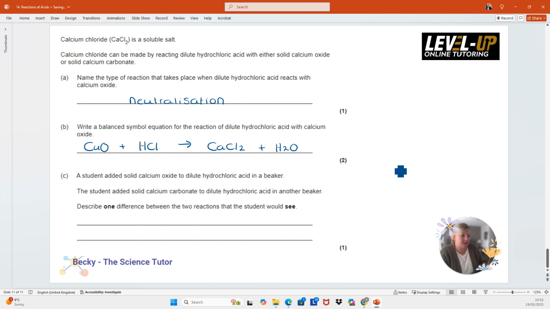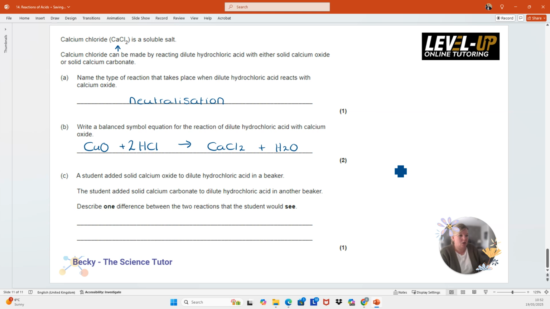Now we can see we're given the formula of the calcium chloride up there, so I've taken it down here. We've got 2 chlorines, therefore we're going to need a big 2 in front of the HCl to get 2 chlorines. That will give us 2 hydrogens, which are there in the H2O, so that's fine.